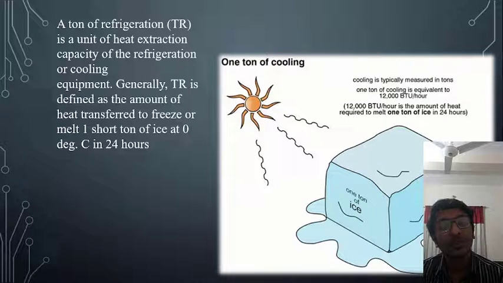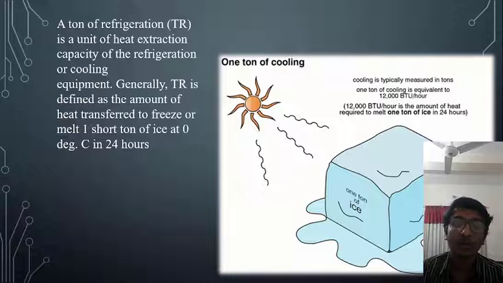Next comes the conversion of tons of refrigeration into kilowatt. As previously discussed, tons of refrigeration is for 1 ton of ice from 0 degree centigrade to 0 degree centigrade in a time period of 24 hours. So there are no temperature changes, but the heat energy changes.